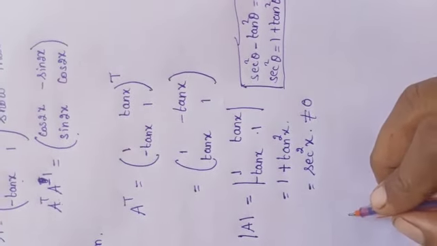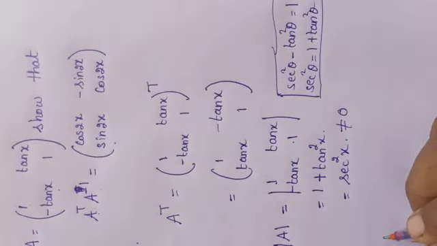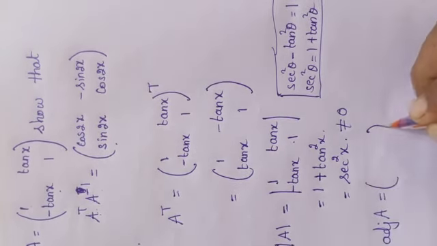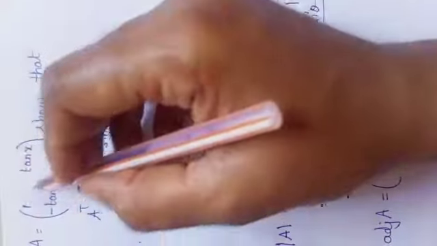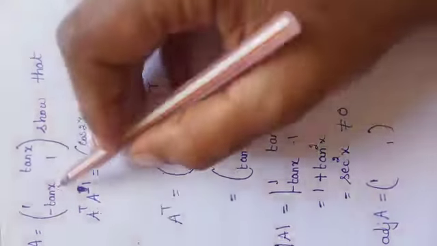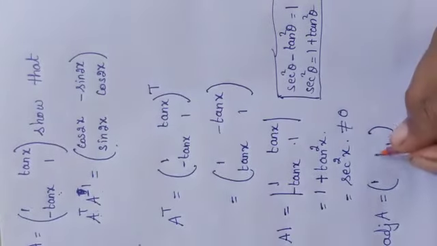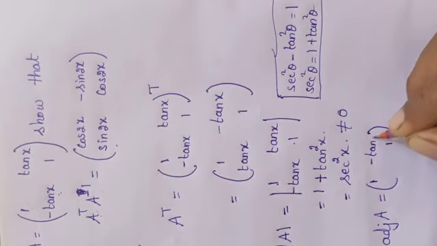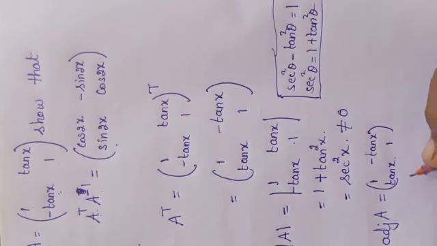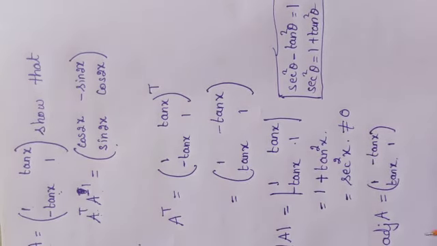Now we are supposed to find out adj A. Since it is a 2 by 2 matrix, it's very simple, isn't it? Exchanging the main diagonal 1 1, then what should we do? Change the sign. Tan x will become minus tan x and minus tan x will become plus tan x. Now shall we write A inverse?